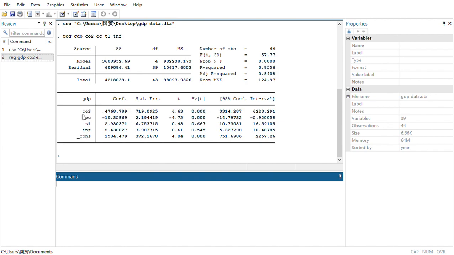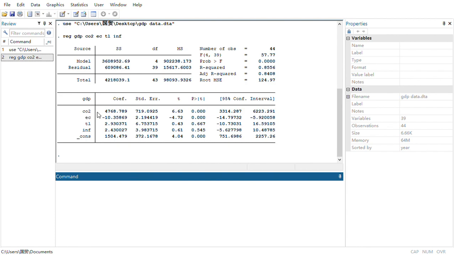So we look at our main independent variable of interest. What's the impact of carbon emissions on our economic growth, GDP? Here we look at the magnitude of the coefficient. Here is how you interpret the results.